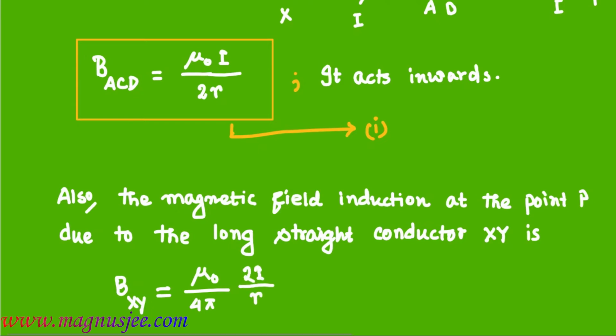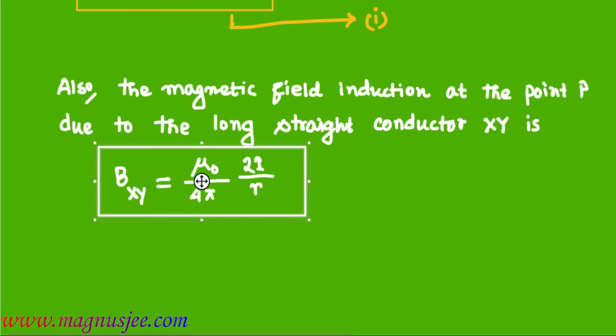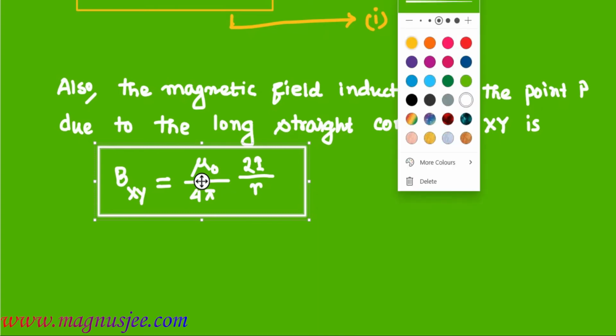BXY equals mu 0 by 4 pi 2I by r. This is equation 2.